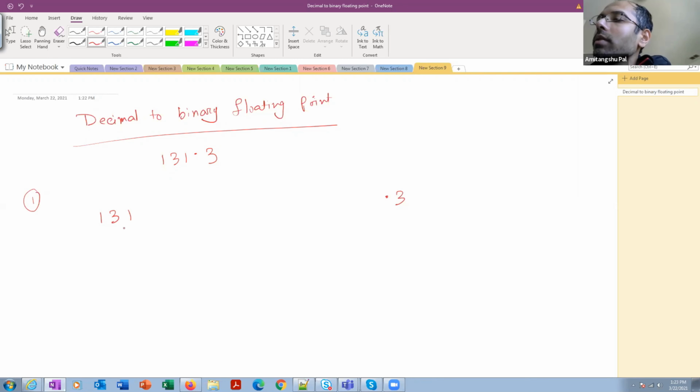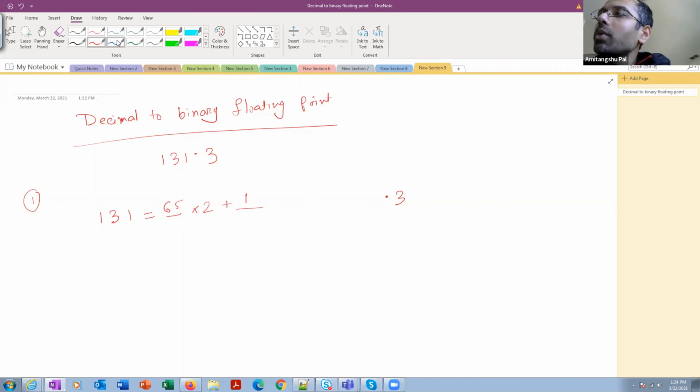Let's first convert from decimal to binary for the integer part. What did we learn? If I want to convert from integer to binary, I need to write it as something multiplied by 2 plus something. So 131 is 65 multiplied by 2 plus 1.